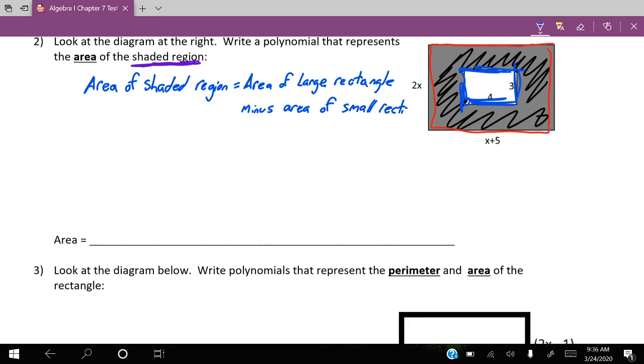All right, so now that I've written it out, I really know what I'm going to do. So first things first, I need to find area of the large rectangle.